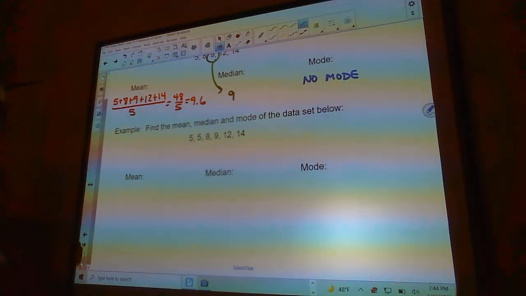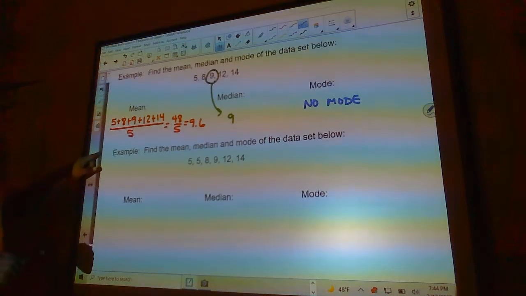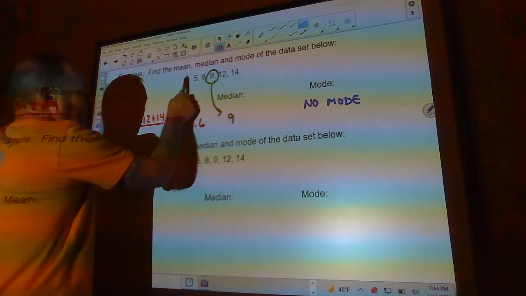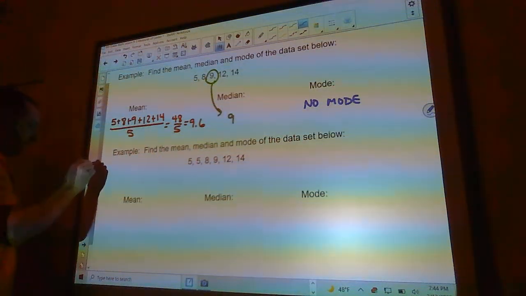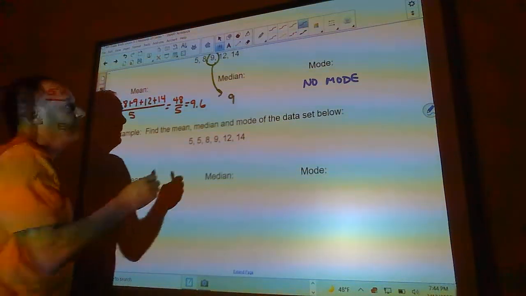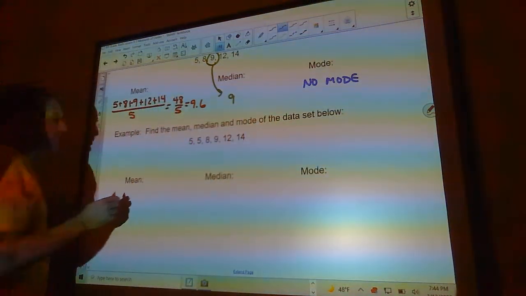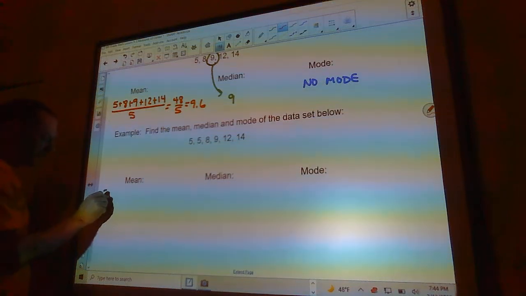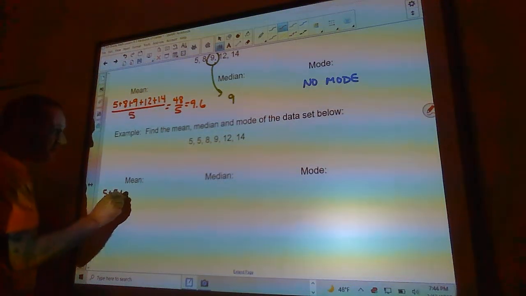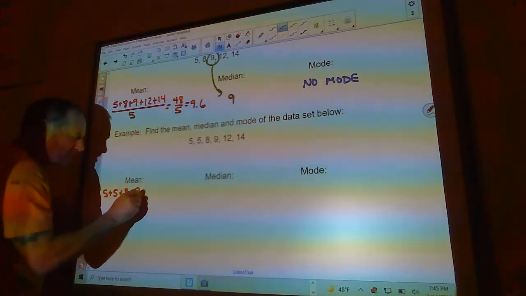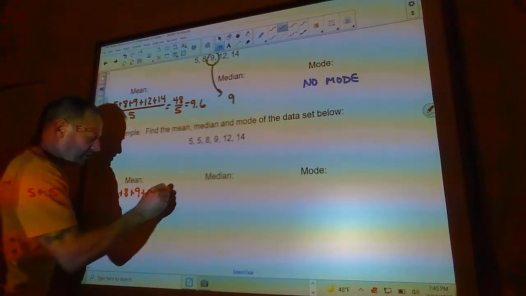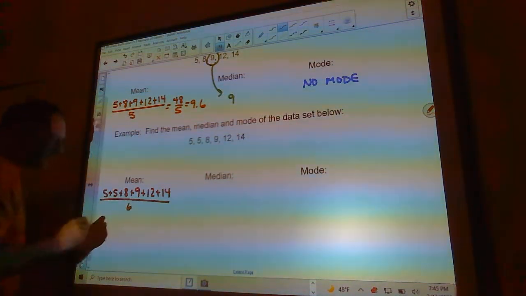Now, let's find the mean, median, and mode of this data set. It's really the same as this data set, except it's got another 5 down here. So we're going to go back here and calculate the mean the same way. It would be 5 plus 8 plus 9 plus 12 plus 14, plus the extra 5, all divided by 6 this time.